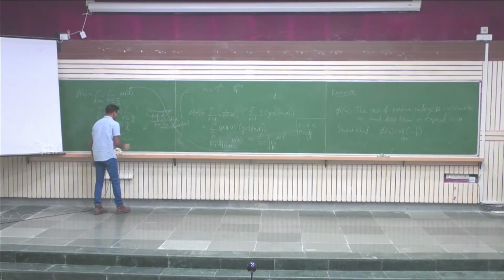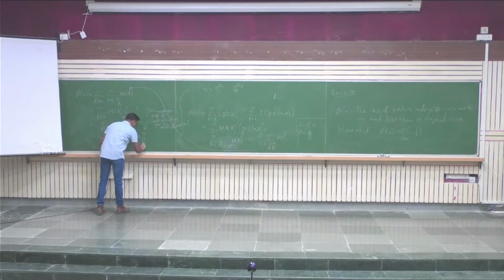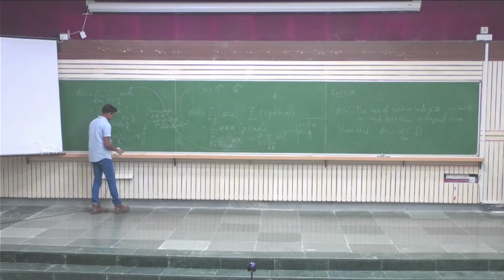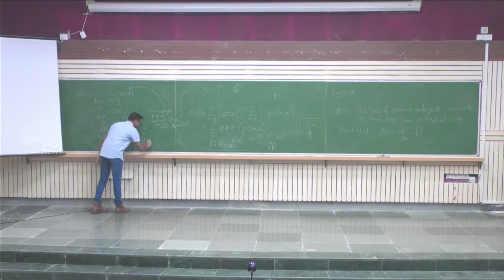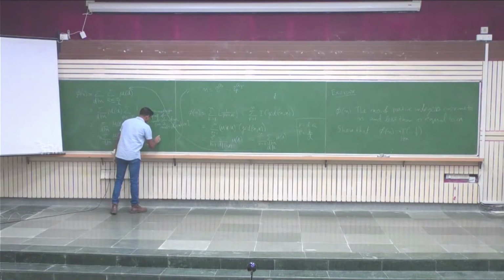And that gives you n times the product over p dividing n of 1 plus mu p by p, because the higher powers vanish, and mu p is just minus 1, so we get 1 minus 1 by p.